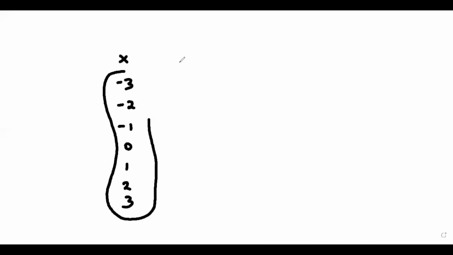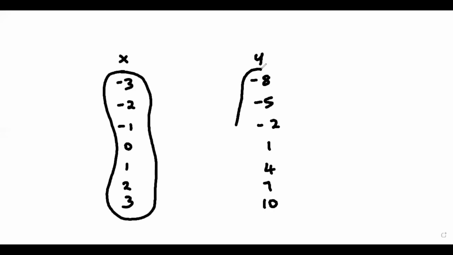So we have x here, which would be -3, -2, -1, 0, 1, 2, 3. Then we have y, and we have -8, -5, -2, 1, 4, 7, and 10. And we draw this here.